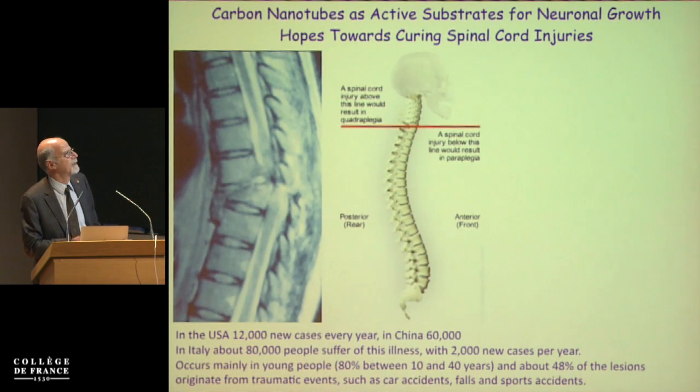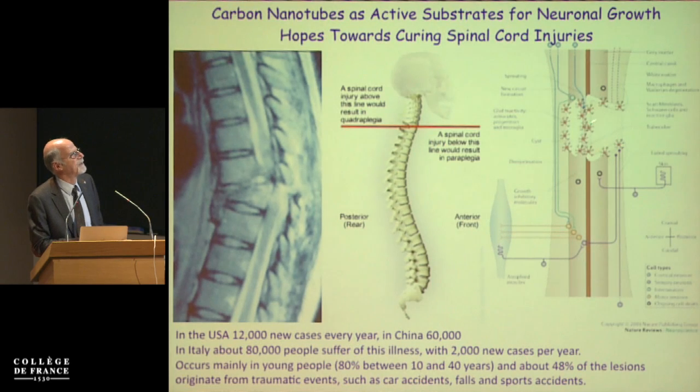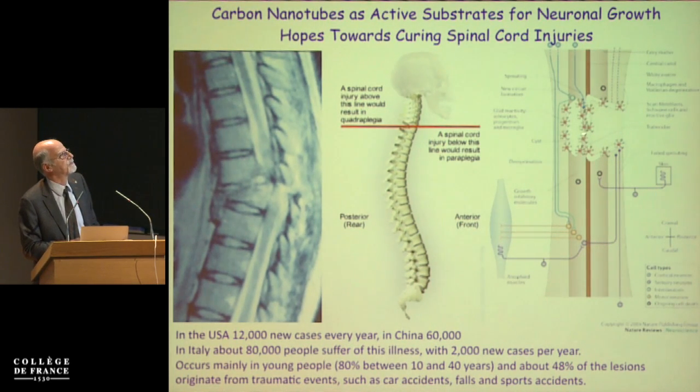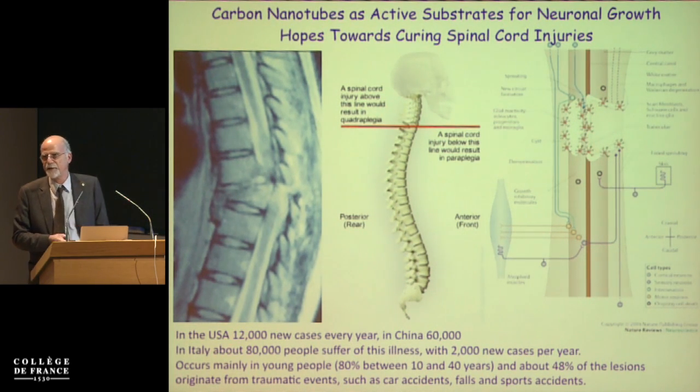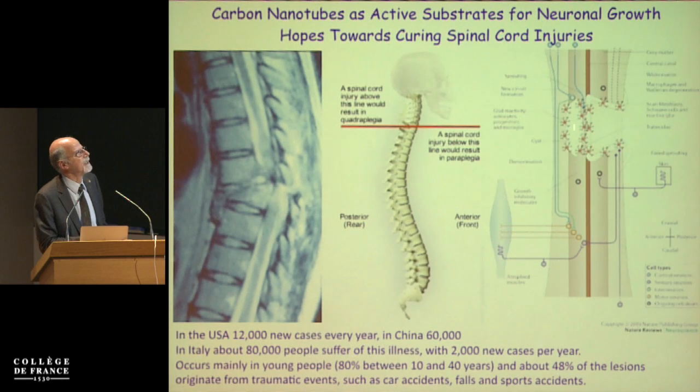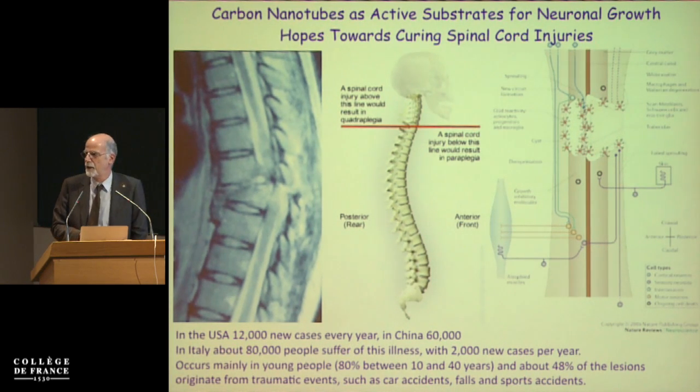paralyzed. And what happens in these cases is that where the lesion occurs, where the injury occurs, there is a formation of scars, and the scars again are insulating, and so the electrical transmission through the nerves is completely inhibited.